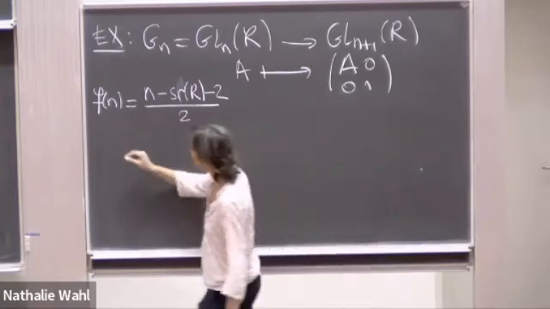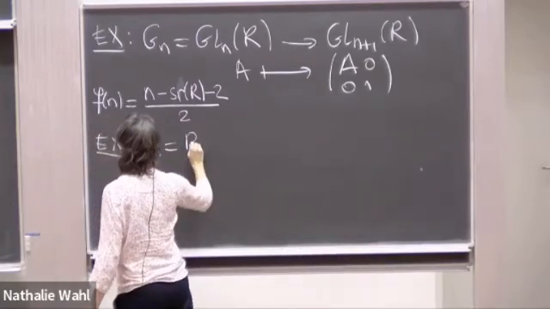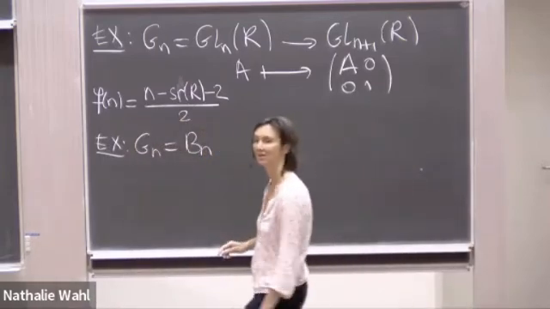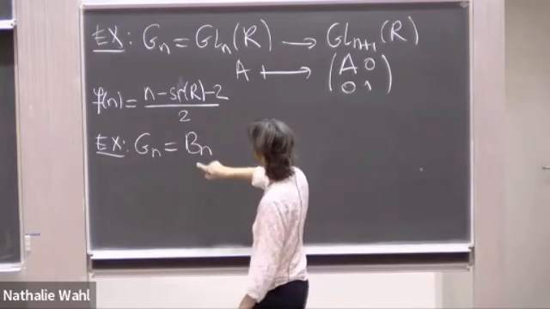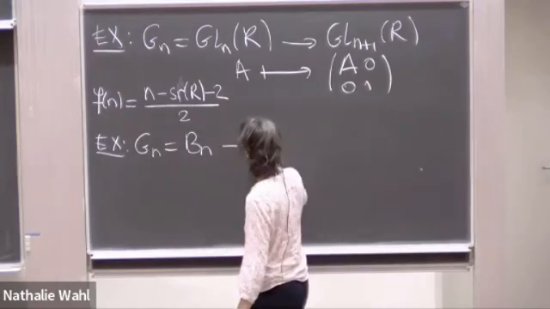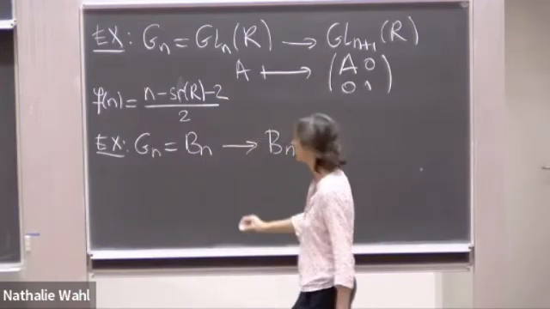Another example would be to take Gn to be the braid group Bn, which we have already seen in Danny's talk yesterday. If I take the braid group on n letters, I can map it to the braid group on n plus 1 letters. How would I do that?